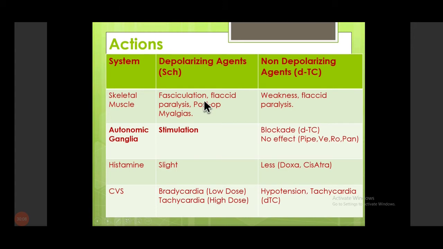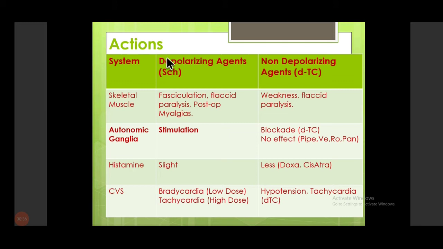So in case of skeletal muscles, with depolarizing blockers there is initial fasciculation followed by flaccid paralysis, and post-operative myalgia. Initially fasciculation. Why? Because there is constant depolarization by succinylcholine till the time it is degraded. It will cause fasciculation.